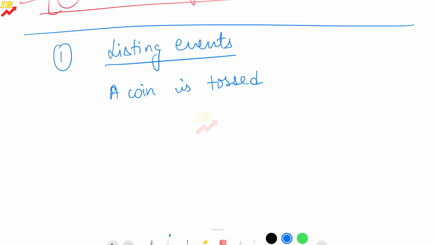So, listing events is basically the sample space, and we are going to write the outcomes within the sample space, right? So, if a coin is tossed, I might be getting a head or a tail, right? And these curly brackets represent the sample space. Okay, so head and tail are the two possible outcomes of tossing a coin, right?